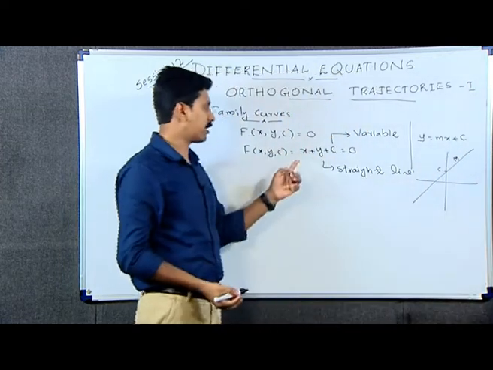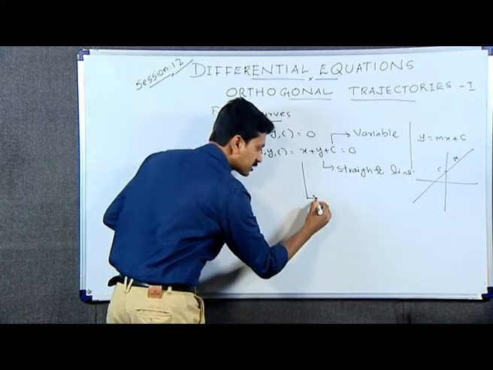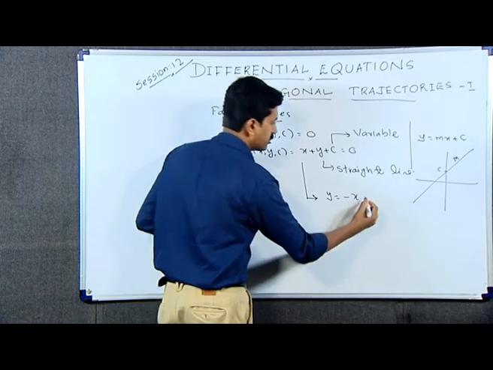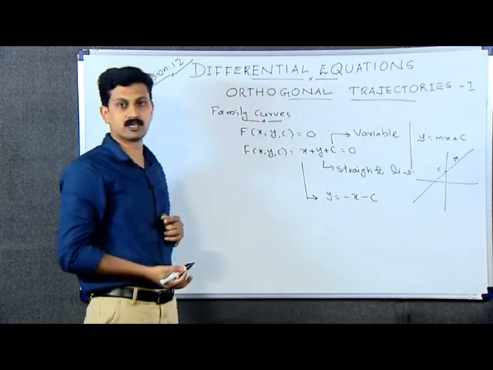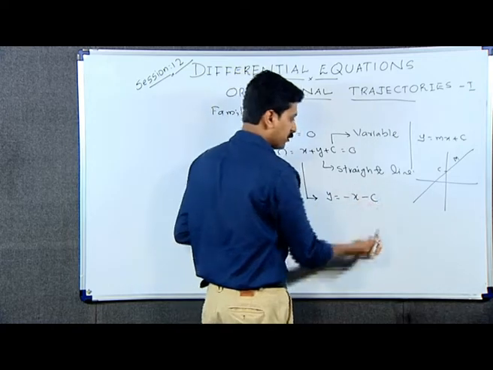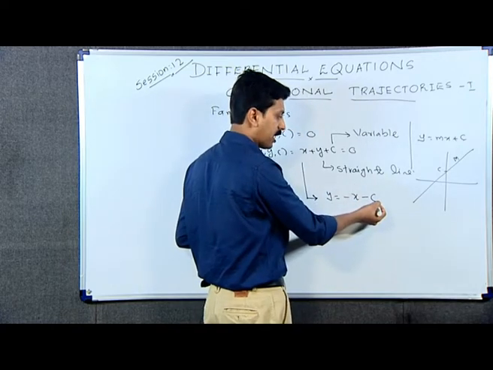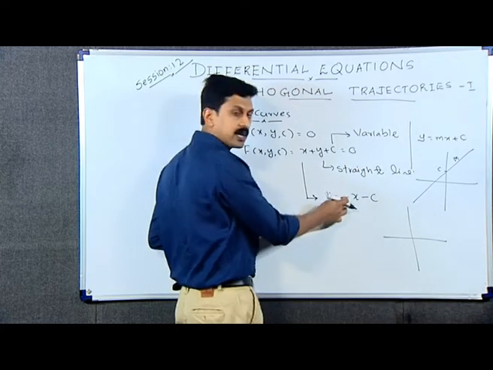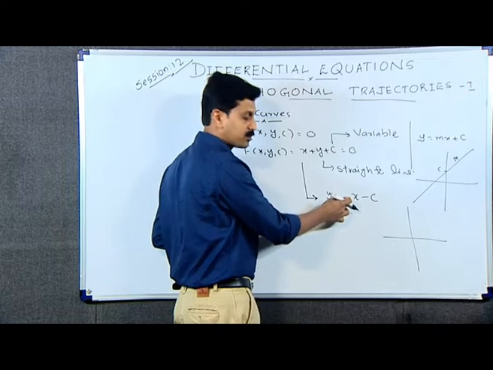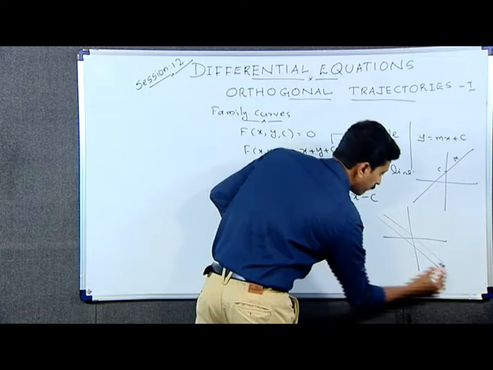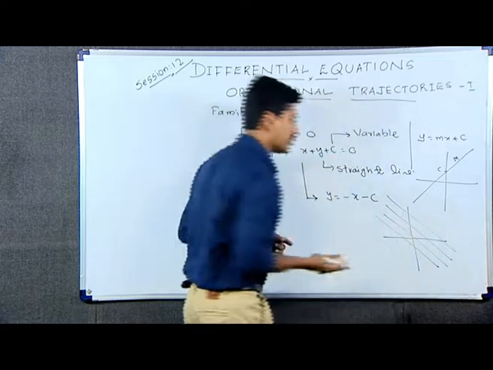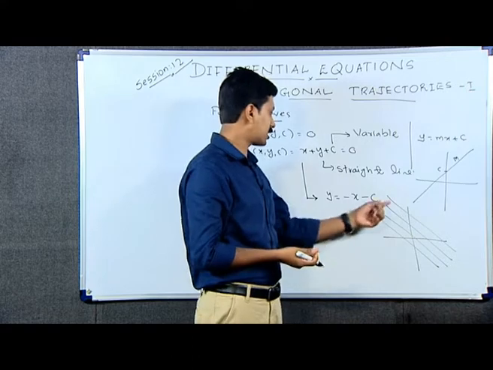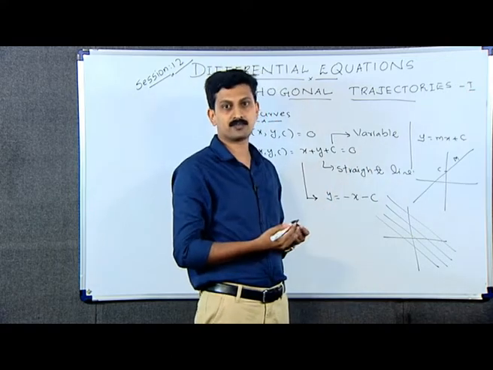Similarly, we have a set of straight lines like y = -x - c. Based on the value of c, we decide the y-intercept, and here the slope is negative 1. If we treat c as a variable, we get a bunch of lines, a system or collection of lines, which is the family of curves.